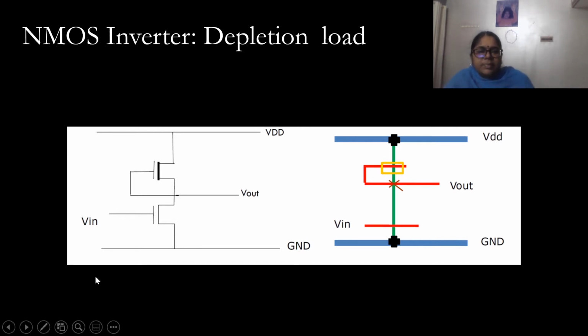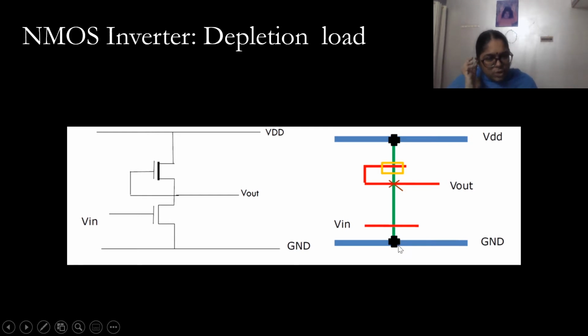This is the NMOS inverter. Now we know that the NMOS inverter consists of a depletion mode transistor as load and an NMOS enhancement mode transistor as the driver. So here, first we draw two metal layers, one for VDD and one for ground, and then we draw one N diffusion layer between the two metals, and the metal layer and N diffusion make contact with each other.